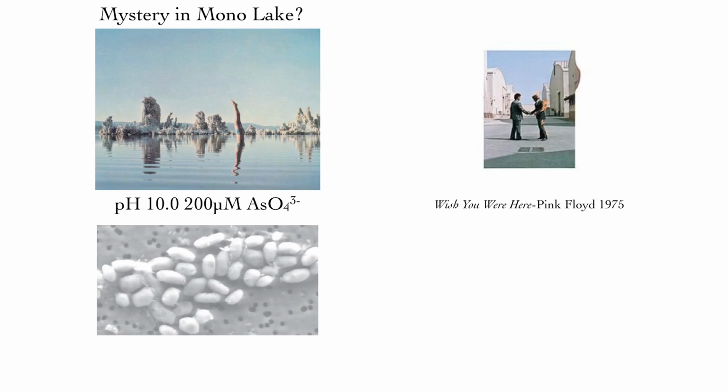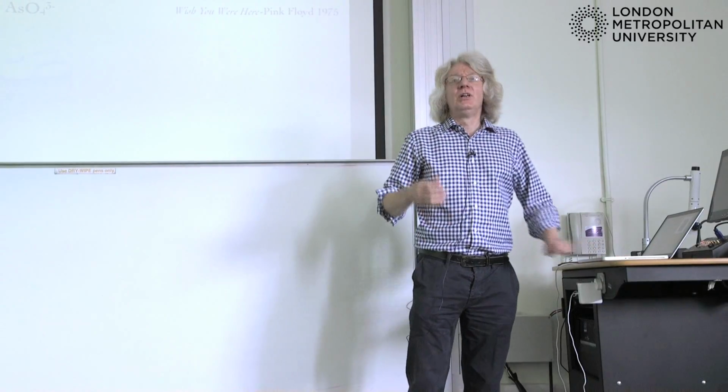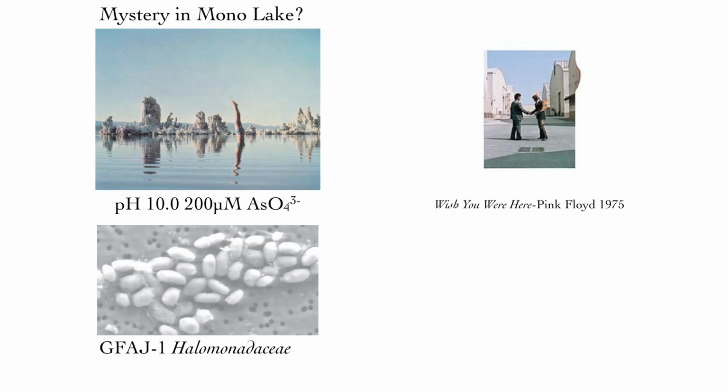Anyway, this microbe was isolated from the sediments of this lake, and a group of NASA scientists started growing these microbes in increasingly alkaline, arsenate-rich media. They actually claimed to be able to grow them in arsenate media only with no phosphate.